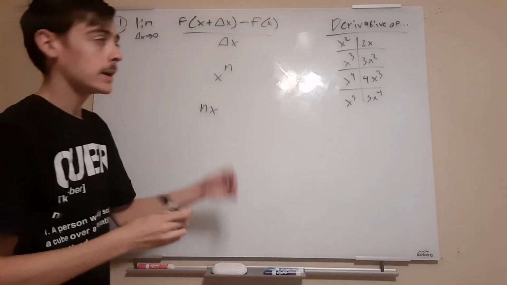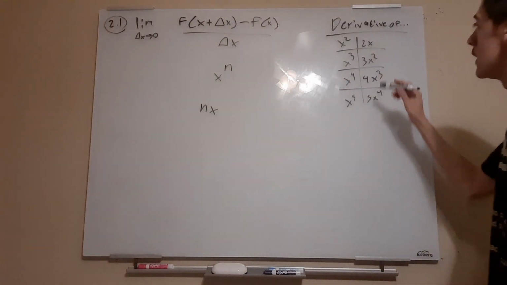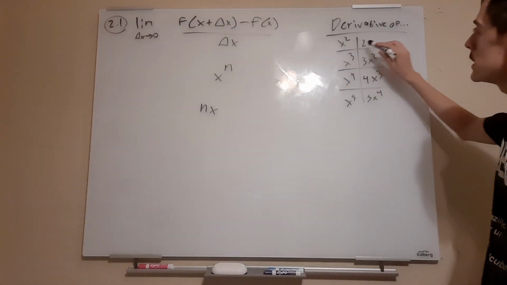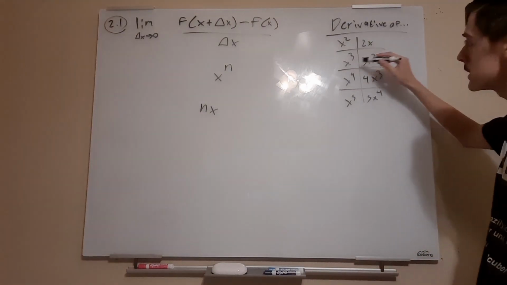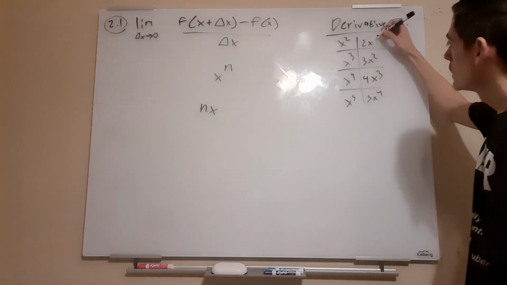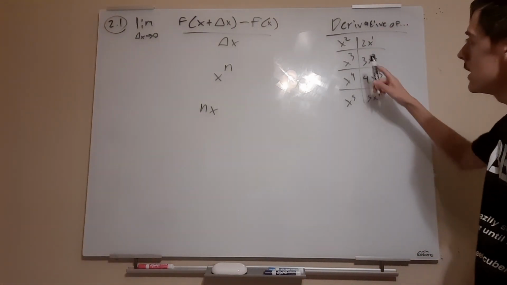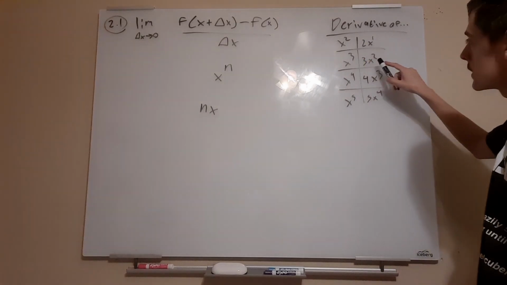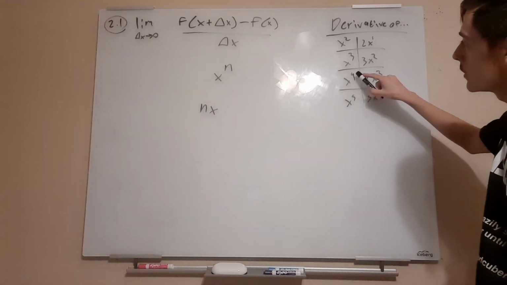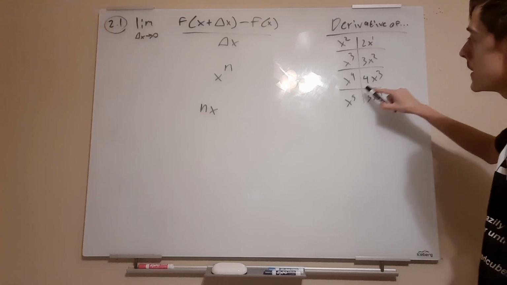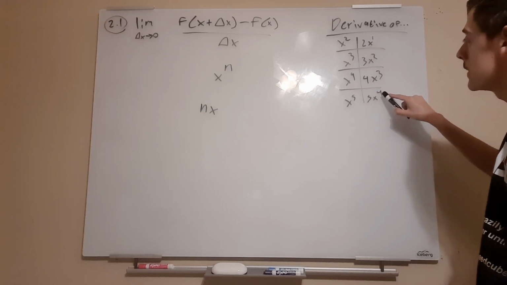But what is the power of x? So if we look over here, for the derivative of x squared, in terms of just the power of x, x turns into a first power. So let's just write a 1 right there. If x was to the power of 3, the power of x turns to a power of 2. If x is to the power 4, x turns to the power of 3, and if x is to the power 5, x turns to a power of 4.